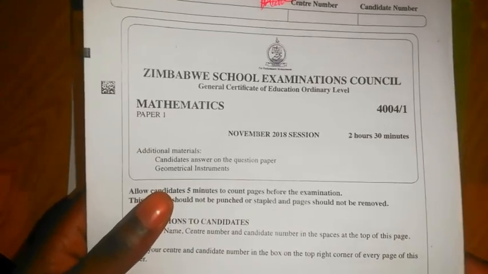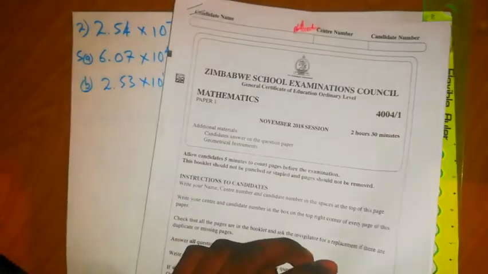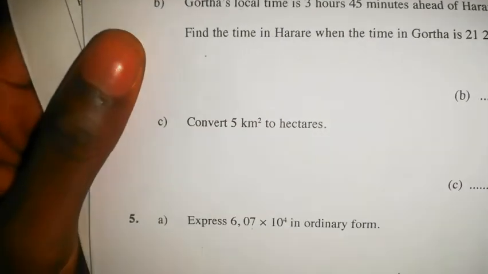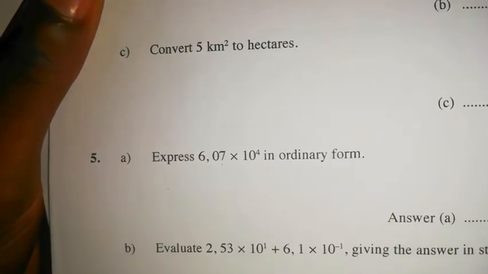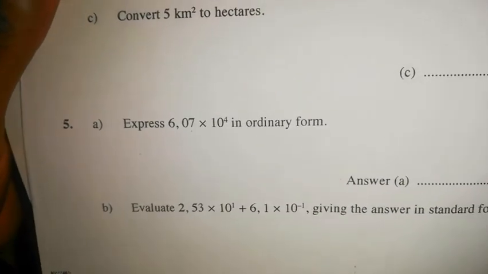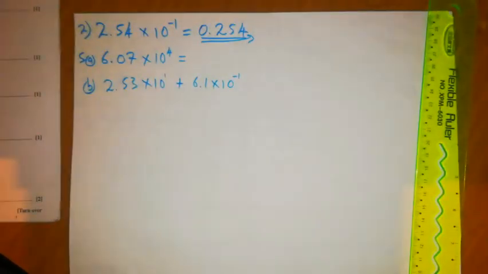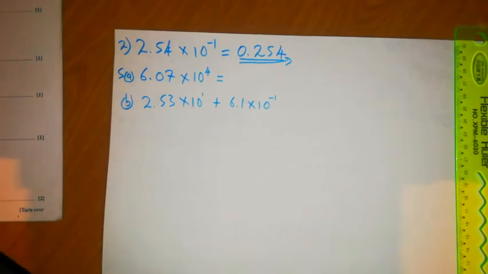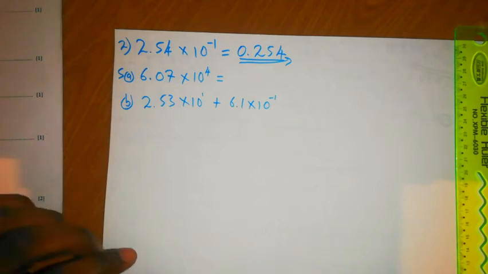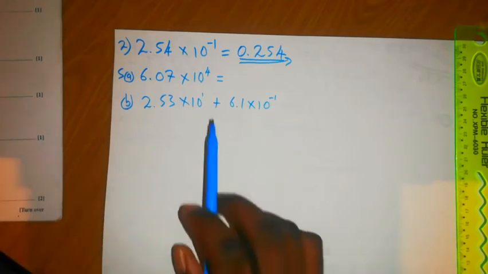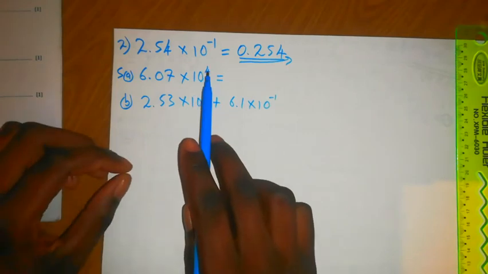So now we're moving on to November 2018. That's our paper 1. There is the question. It's number 5A, which says express 6.07 times 10 to the power 4 in ordinary form. As I said, if the power is positive, it means our number was normal. A normal number has positive indices.